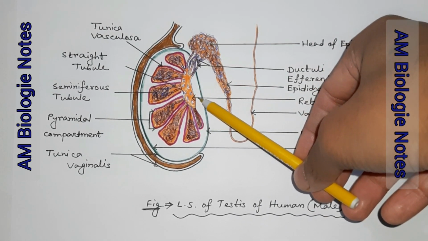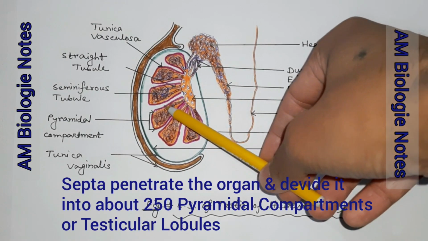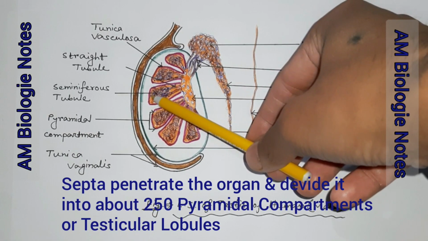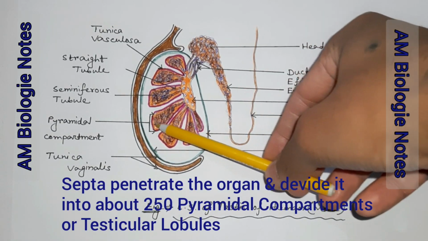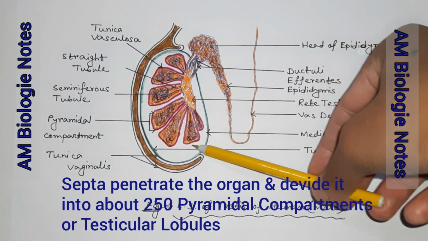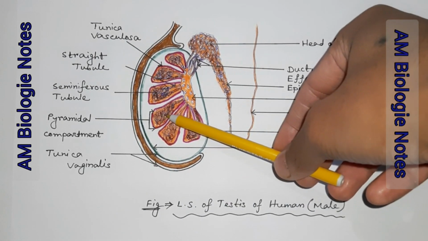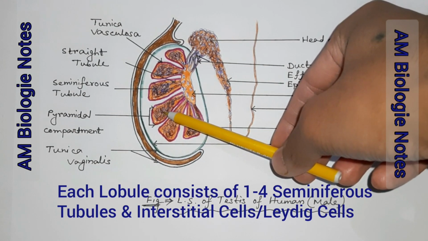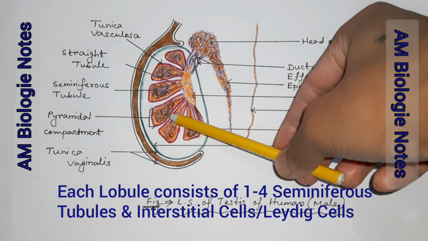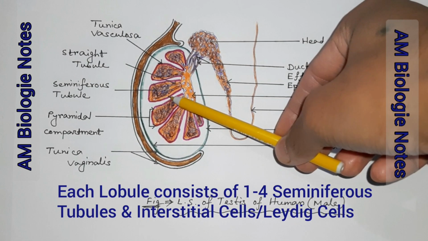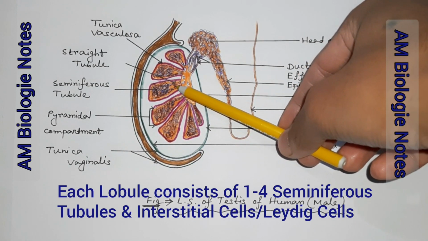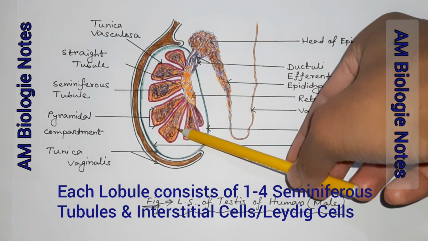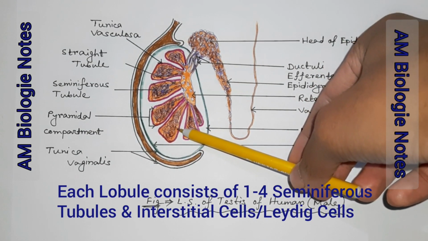From this fibrous region, septa penetrate the organ and divide it into about 250 pyramidal compartments or testicular lobules. Each lobule of the testis consists of one to four seminiferous tubules in which sperm production occurs, and a sparse connective tissue in which testosterone producing interstitial cells or Leydig cells are present.